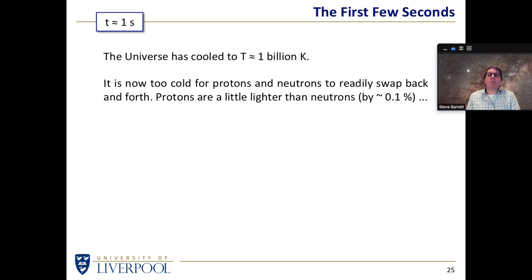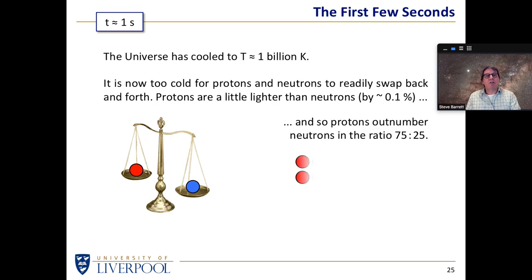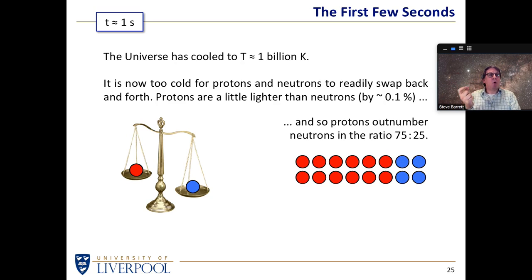Now it turns out that protons are a little bit lighter than neutrons by about 0.1%. In other words, we can measure them in the laboratory. And again, there's no reason to assume that the protons that we measure in the lab are any different than the protons in the Sun or the protons in the Andromeda galaxy. Protons are a little bit lighter than neutrons, so although in principle the universe can make a shed load of neutrons and a shed load of protons, if protons are a little bit lighter, then the universe makes more of them.